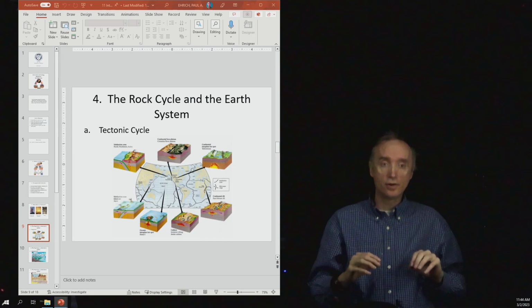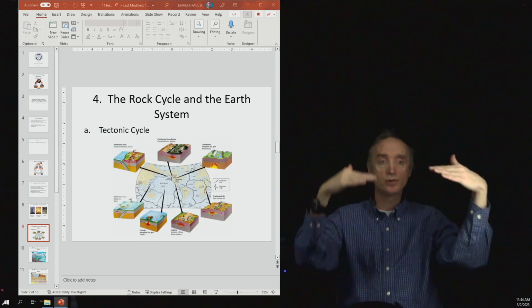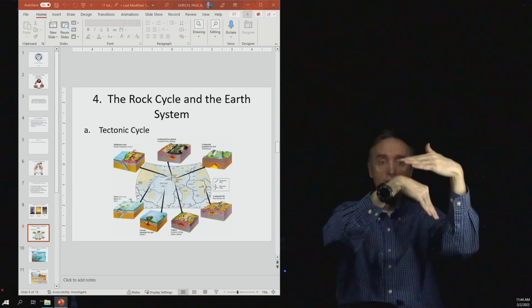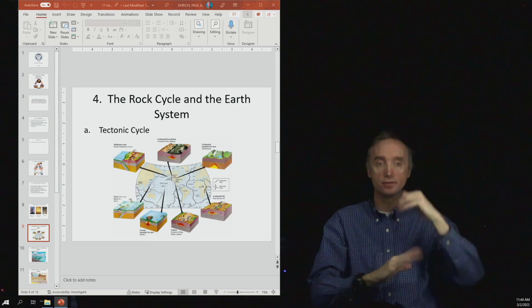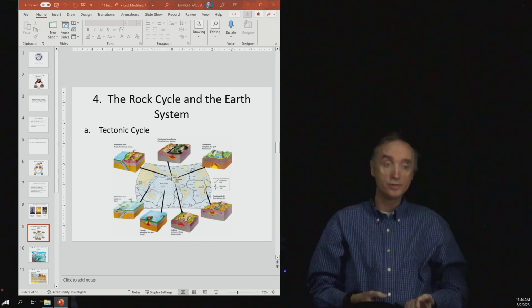Those rocks are on a moving plate, and those plates could be subducted underneath the continent, and then those materials could melt, and then they could come back up again to make volcanic mountains.